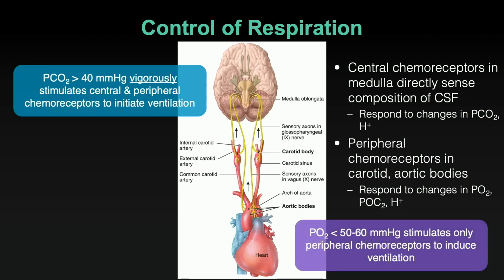That can be modified slightly if there's also the stress of low PO2. The peripheral chemoreceptors will also respond to a higher CO2 and a higher hydrogen ion content, or a low pH, but they will increase their involvement if PO2 falls dangerously low.